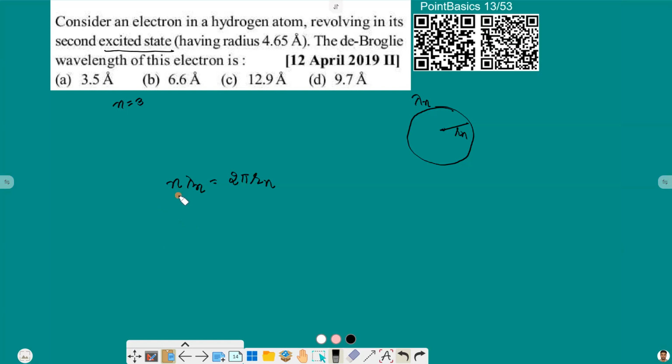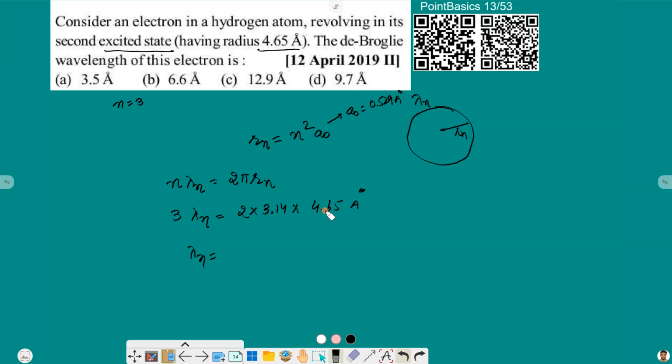So here the second excited state means n is 3, and we can also write Rn as n square into a0, where a0 is 0.529 angstrom. But the value of Rn is given to us already, that is 4.65. So let us write 3 times lambda n is equal to 2 into 3.14 into 4.65, and this is all in angstrom.